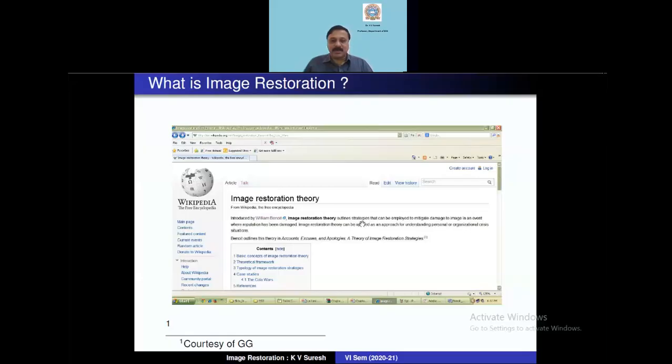This image restoration theory outlines the strategy that can be employed to mitigate damage to an image in an event where reputation has been damaged. For example, for a well-known person, a VIP, because of some issue, his or her image would have been spoiled. There is a theory by which we can restore the image of that individual.